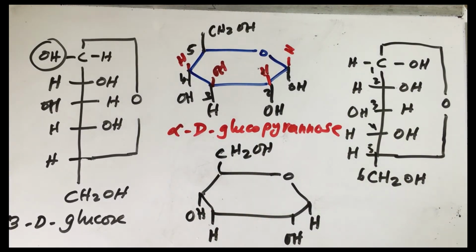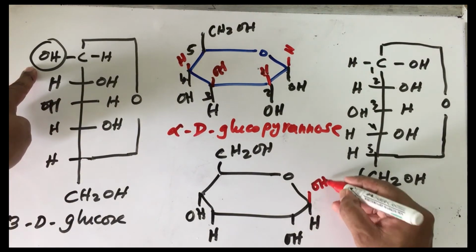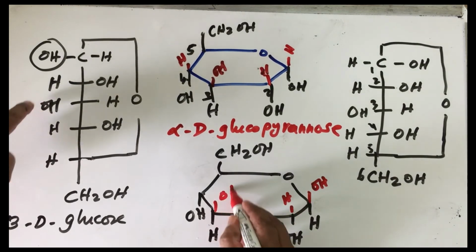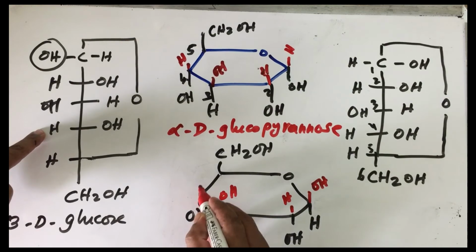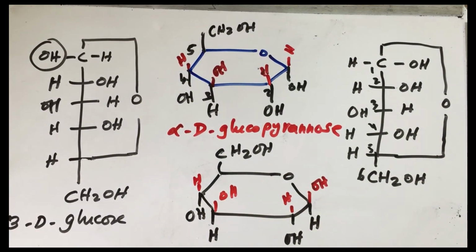What is on the left hand side? We will use the red ink to denote that. On the left hand side, you have an OH. And here there is a hydrogen. And here there is an OH. And here there is a hydrogen. So this is the structure called beta D glucopyranose.